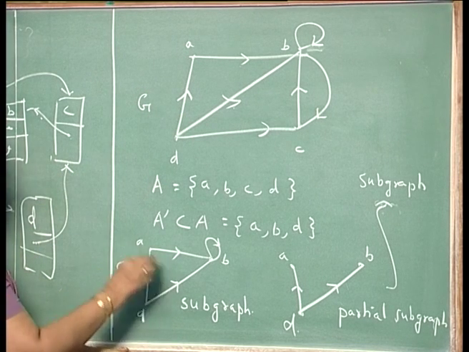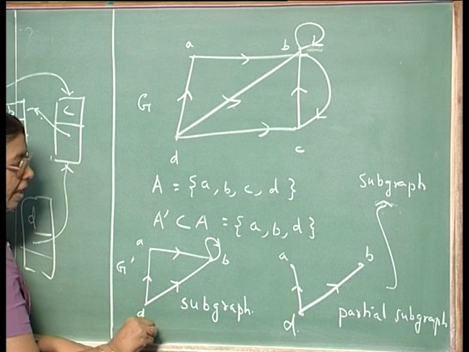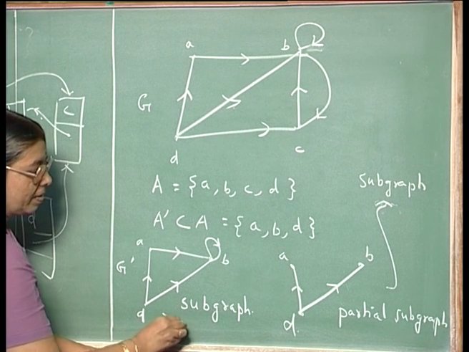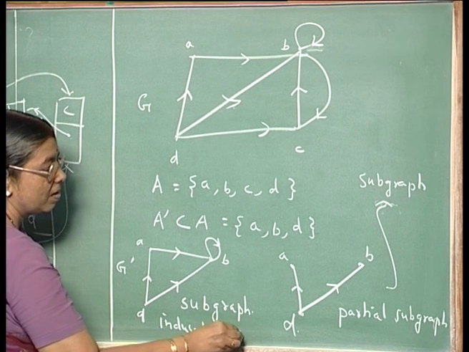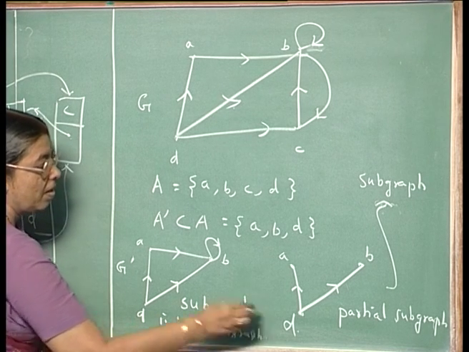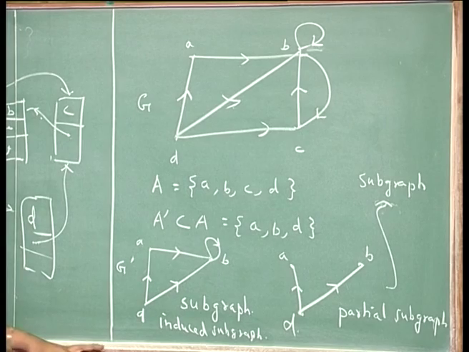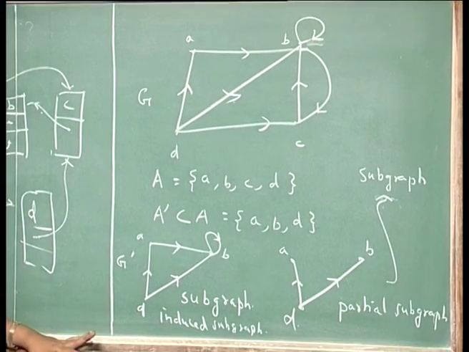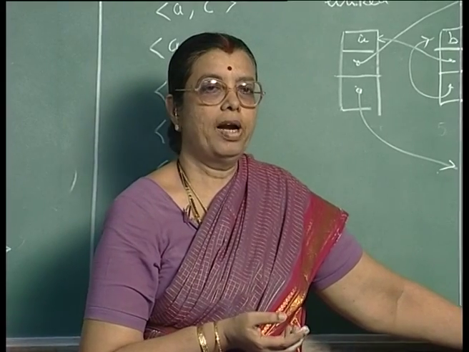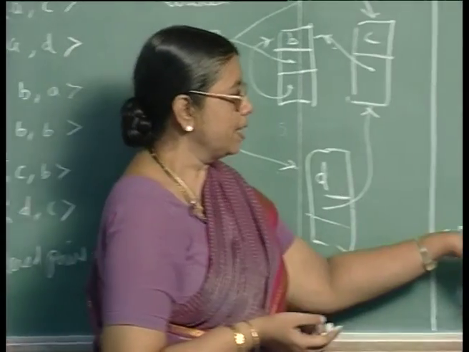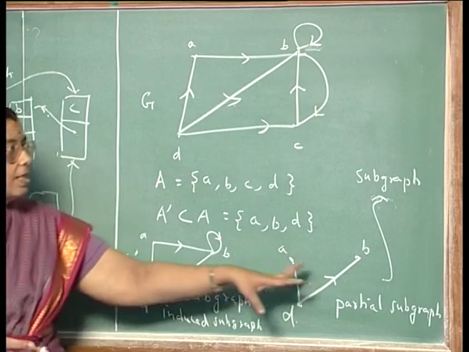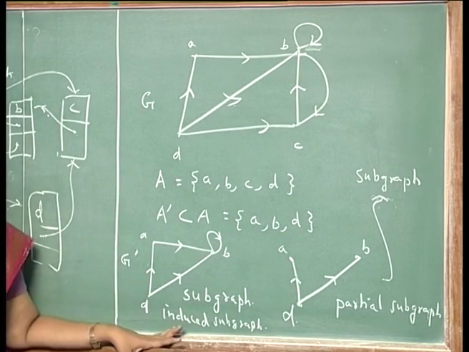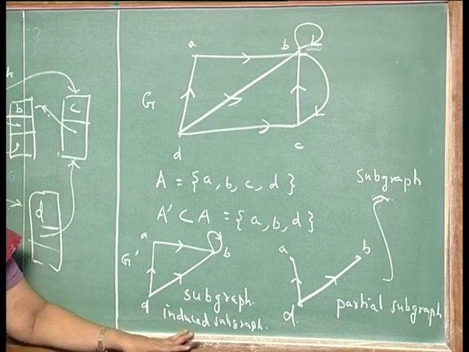This is called an induced subgraph. So, as I told you again, when you refer to a book you have to be careful what terminology they are following. Either this is called a subgraph and this is called a partial subgraph, or this is called a subgraph and this is called an induced subgraph.